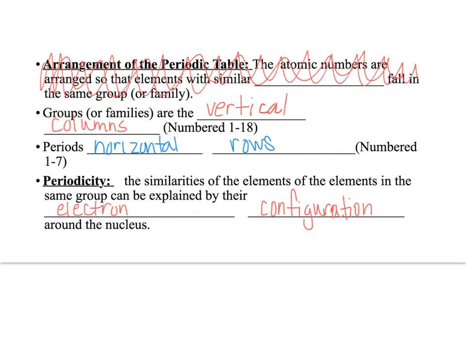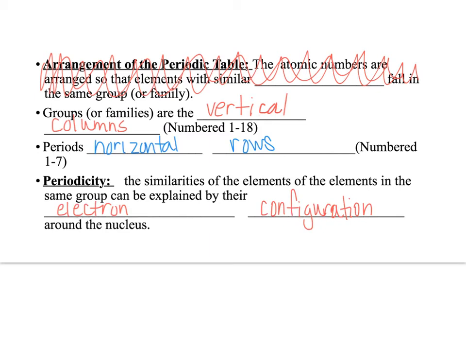So groups are your vertical columns that are numbered 1 through 18, and they're the ones that go up and down. And in your groups, remember, you have similar properties. So sodium has similar properties to potassium as you go down the group. The periods are the horizontal rows, as you go across the period, and they are numbered 1 through 7.